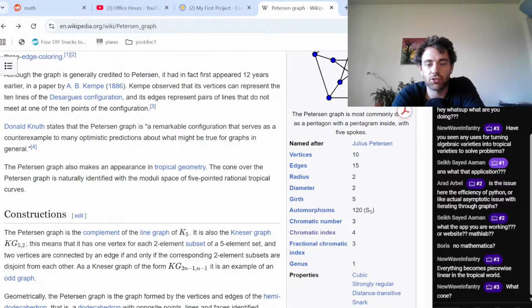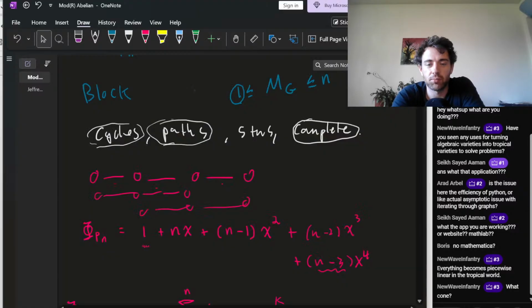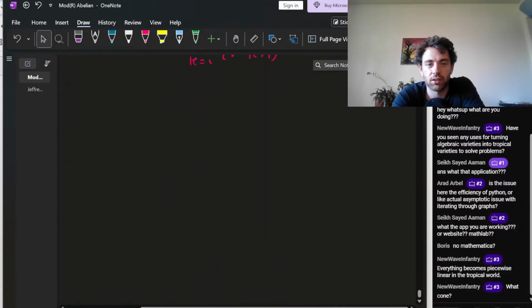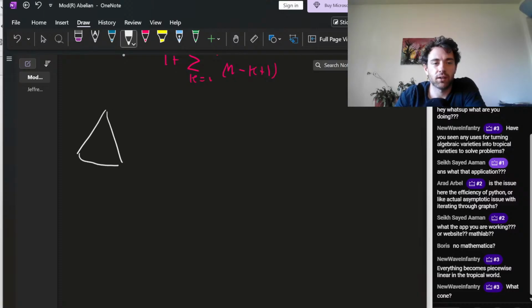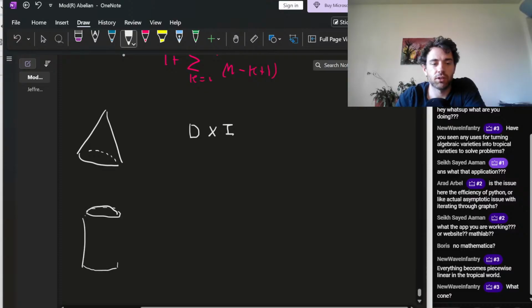I'm guessing that there's some analog, right? The cone over a space. So a cone is like this. You can imagine that you've taken a disc, and then you take the Cartesian product of the disk with the unit interval.